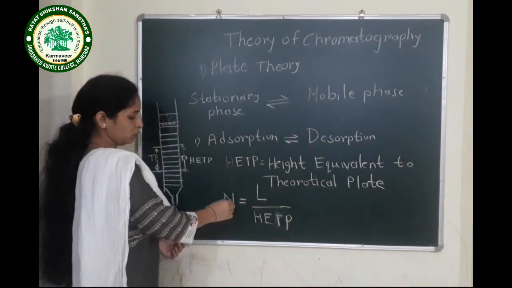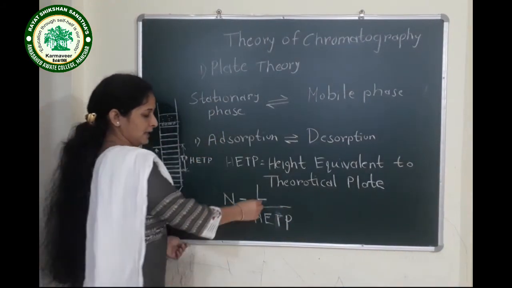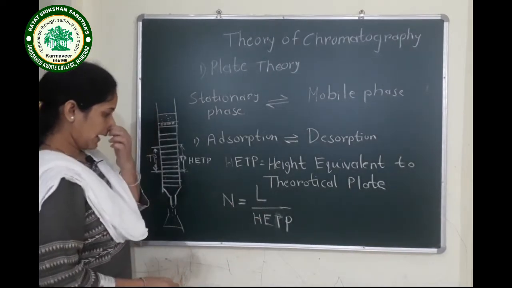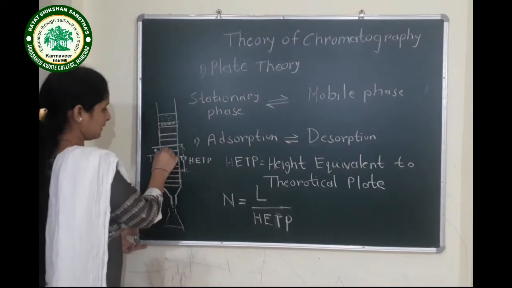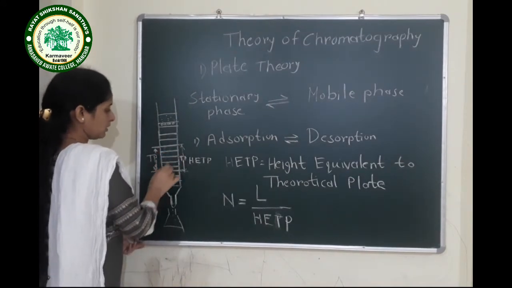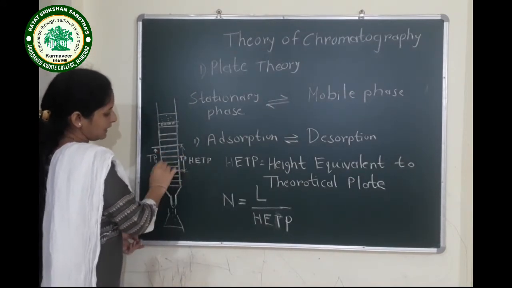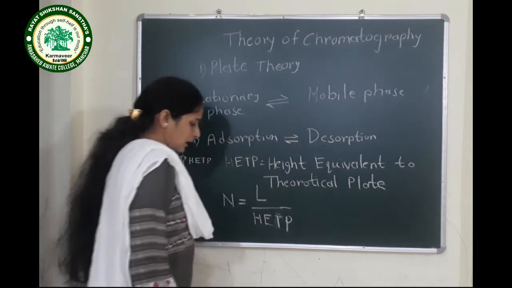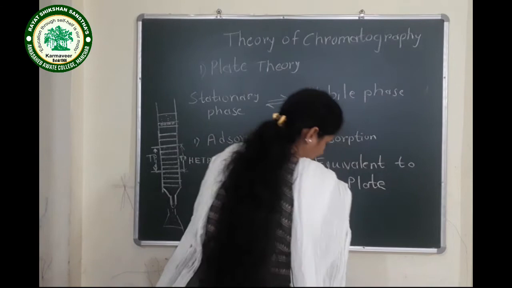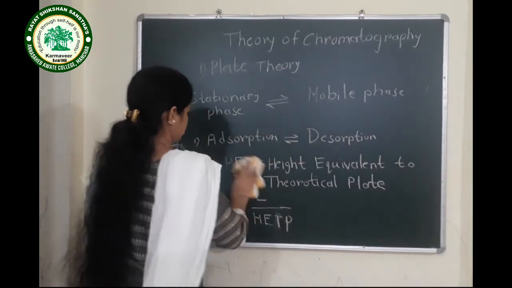N is the number of plates, L is the length of the column, and HETP is the height equivalent to the theoretical plate, meaning this area. Okay, this area is the height equivalent to the theoretical plate. Now we will see the variance of the peak.